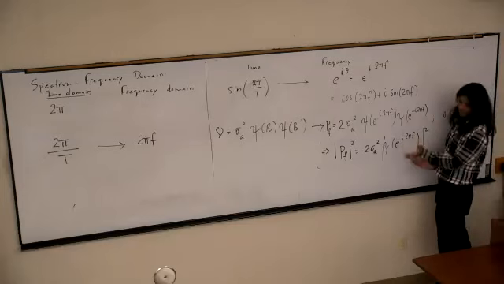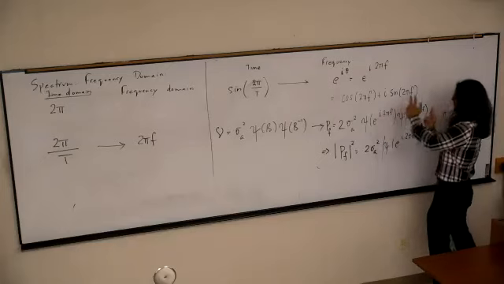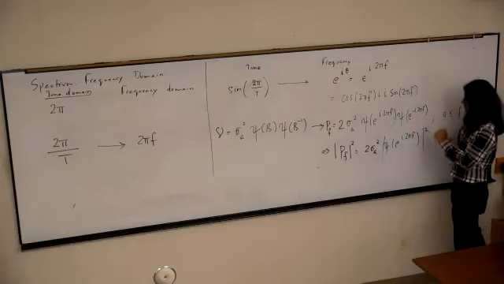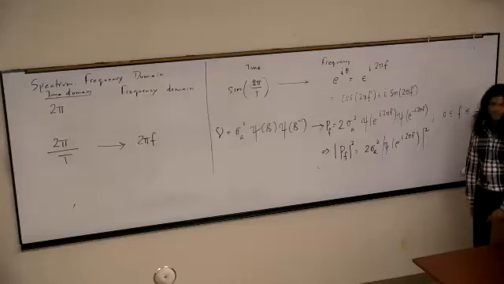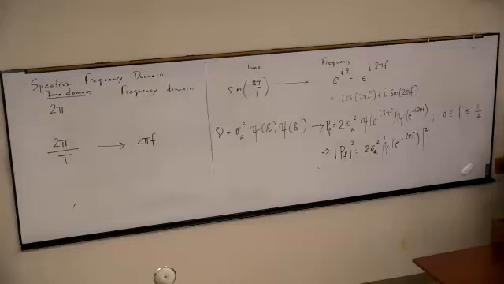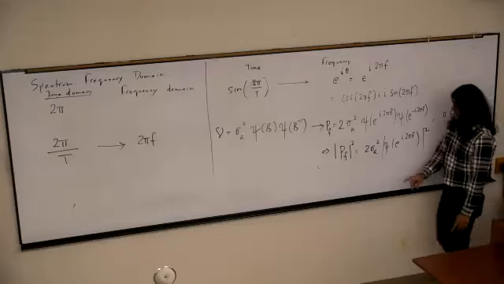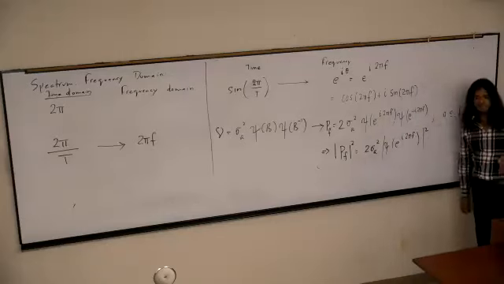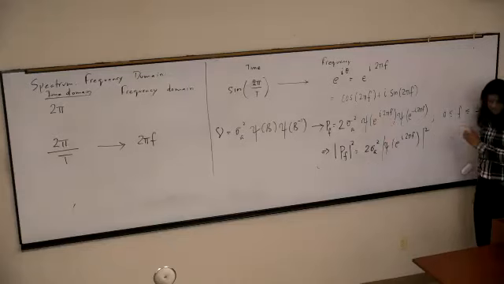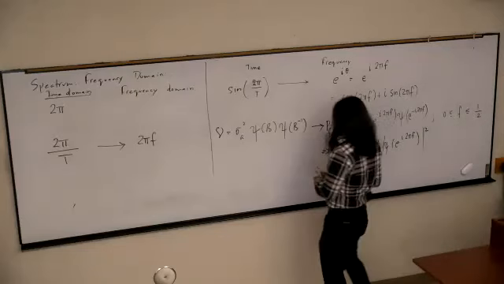So the magnitude doesn't change. The magnitude of that times the magnitude of that, you get the magnitude of that one term squared. Good. So this expression evaluated at different frequency values would simply form what we call the frequency spectrum.